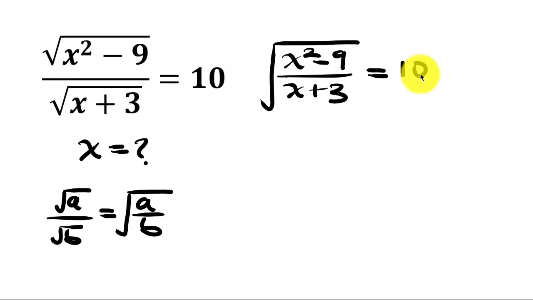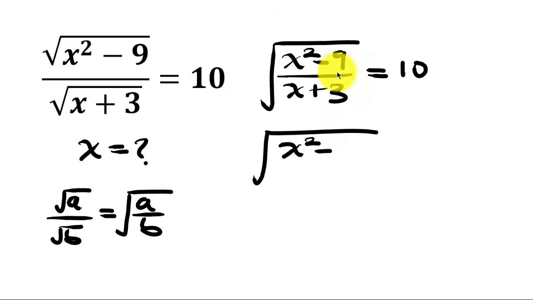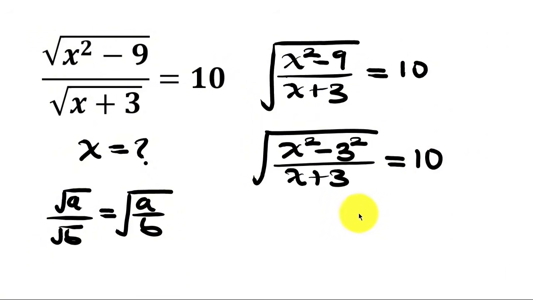Very good. Now notice something, that we can simplify the numerator. So we have the square root of x squared minus 9 is a perfect square, which means it can be written as 3 squared all over x plus 3, and this is equal to 10. Very good.